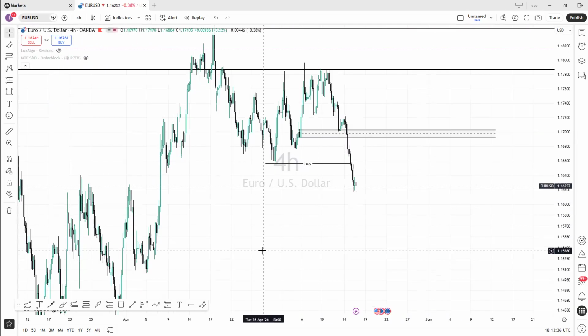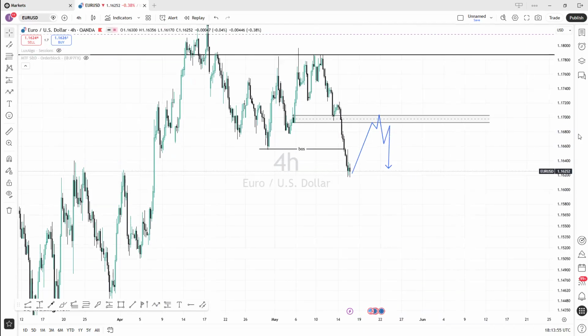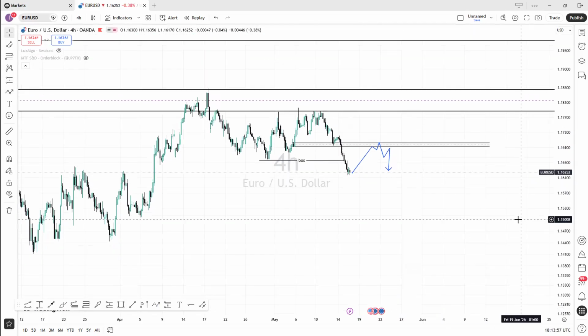So it will be a very clear zone with a high probability of reaction. So for next week, we wait for price reaction on this area. Wait for a retracement to this area, and then wait for a market shift and reversal confirmation, and then we'll get in for a short position.